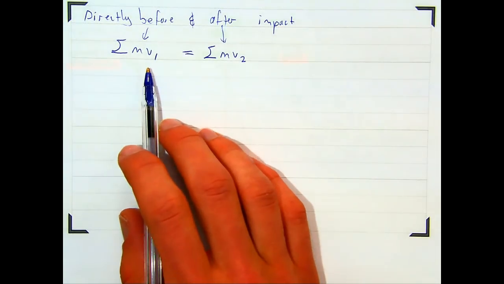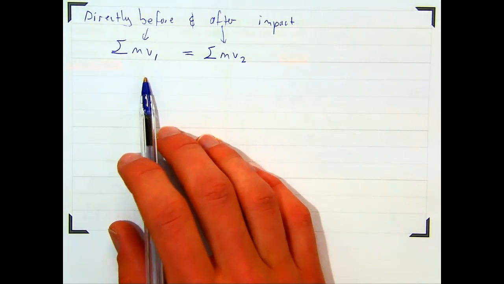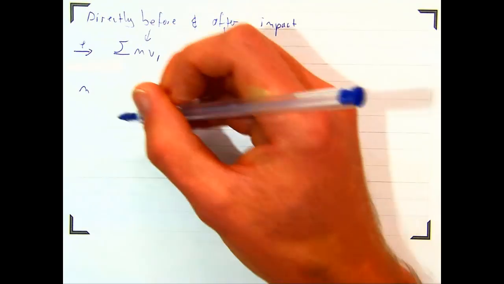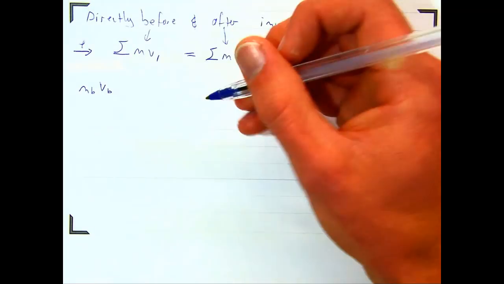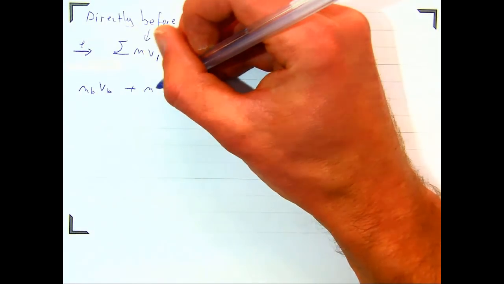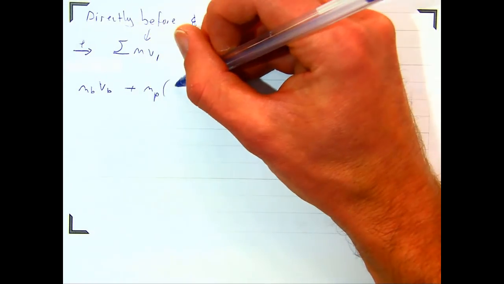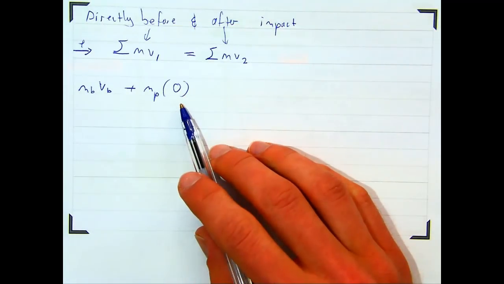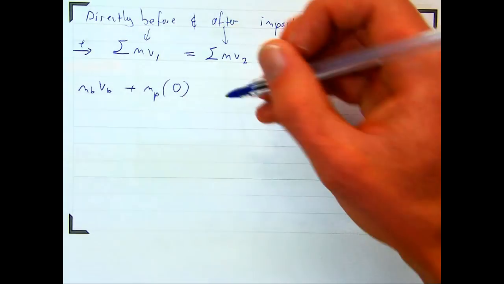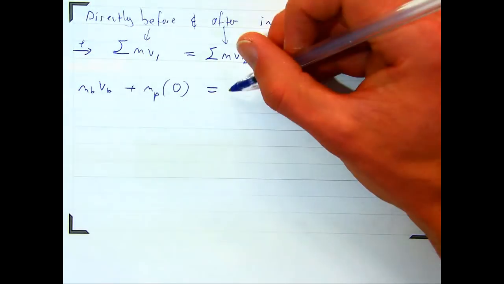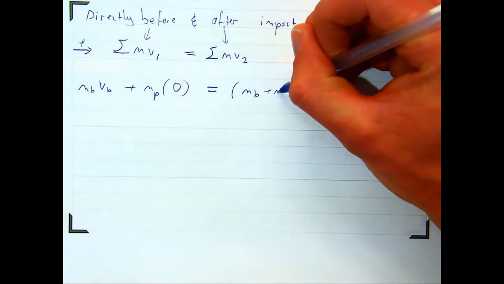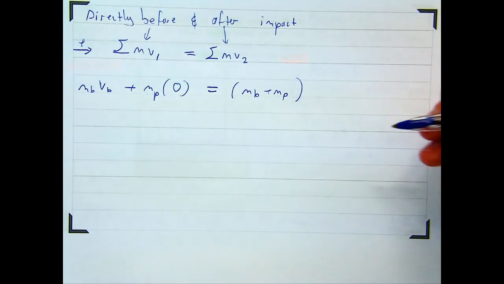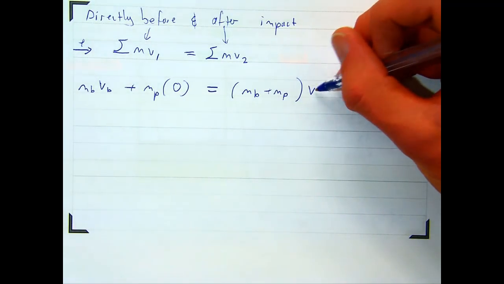Directly before impact, it was only the bullet moving while the pendulum was at rest. So in the x direction, it is the mass of the bullet times the velocity of the bullet plus the mass of the pendulum times its velocity, which was initially 0. After the impact, they move together, so it's the mass of the bullet and the mass of the pendulum combined times their new velocity, V2.